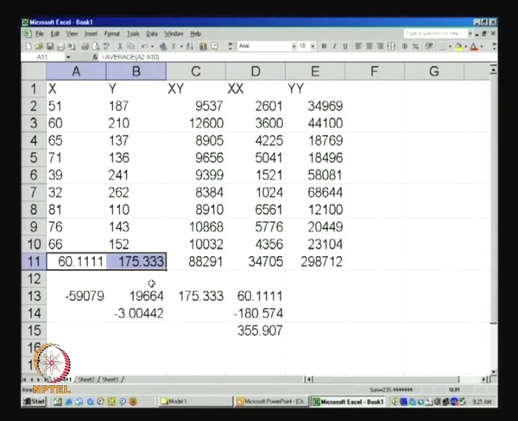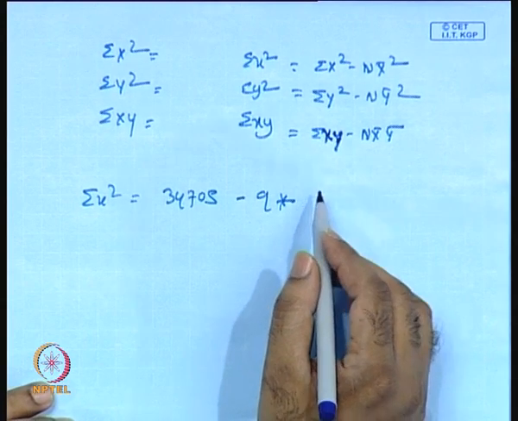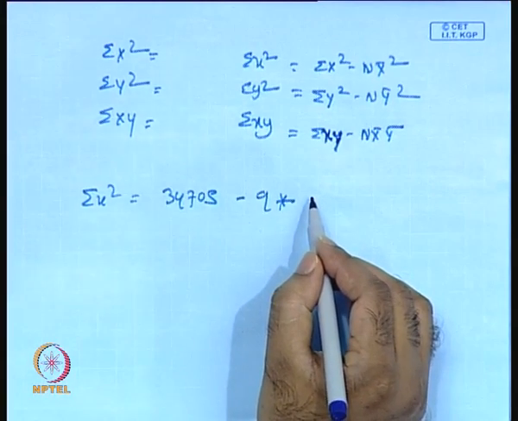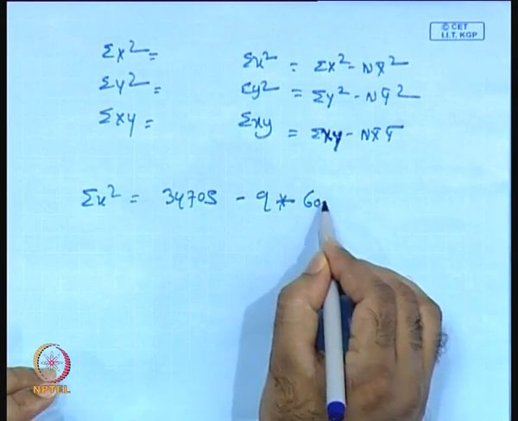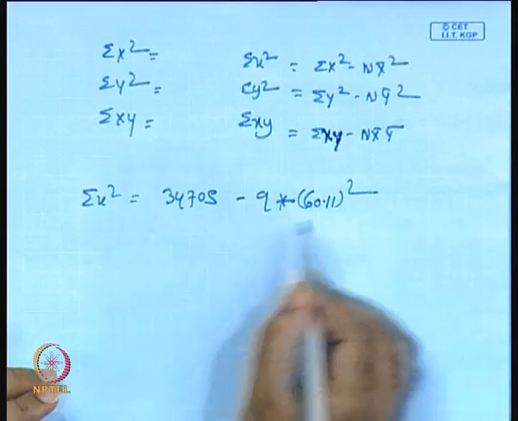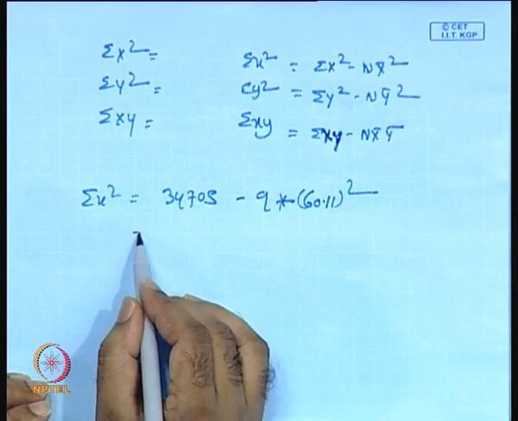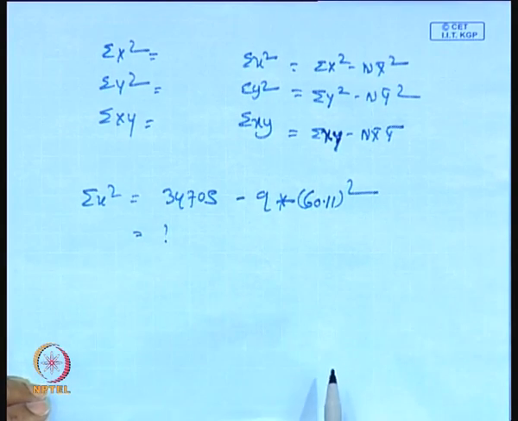So minus x bar square, which is 60.11 whole squares. If you simplify, you will get this summation x square value.